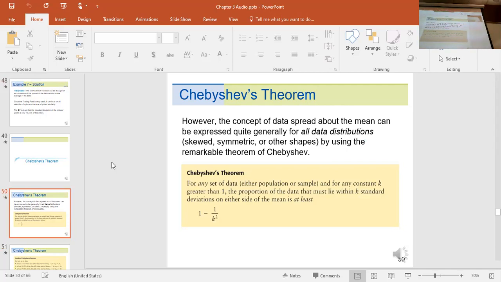That means that this distance is s. From here to here is s. From here to here is s. So we consider s as our unit. It could be sigma as well.